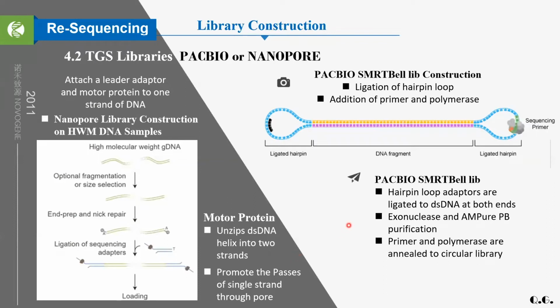While the SMRTbell library was produced by ligating the hairpin adapters to the double-stranded DNA fragments. And after the exonuclease and PB bead purification steps, the sequencing primer was annealed to the SMRTbell templates, followed by the binding of the sequencing polymerase to the annealed templates.